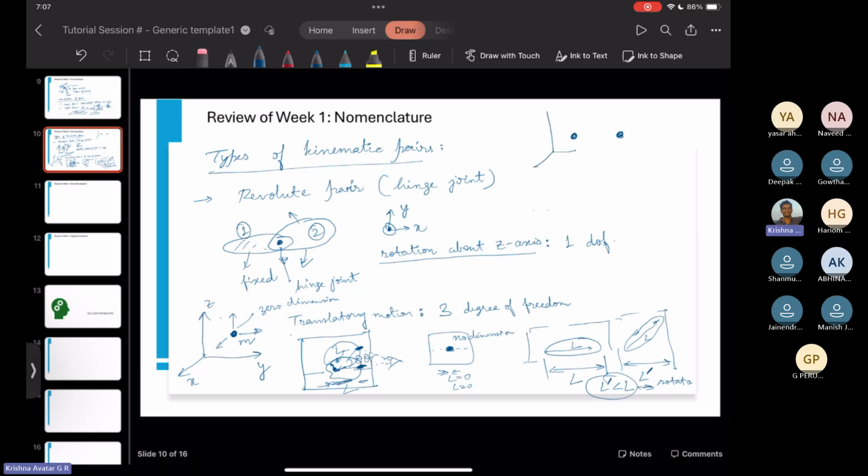Say we have an XYZ coordinate system. Now there is some imaginary line connecting both points.